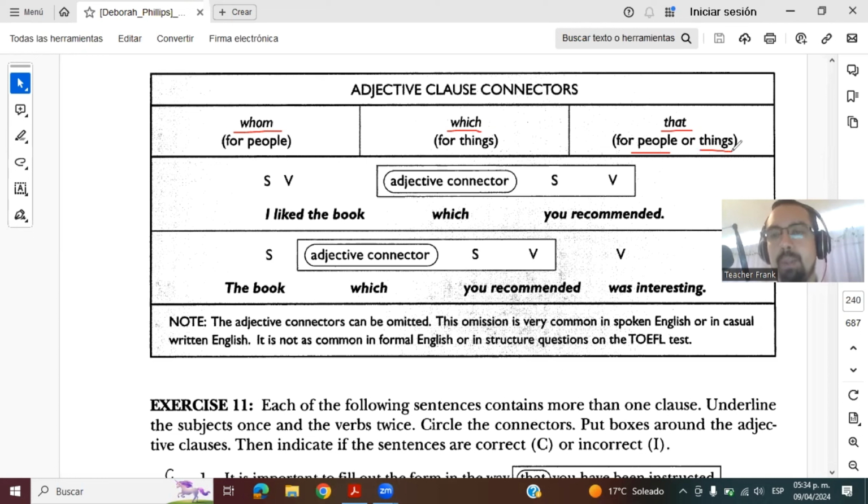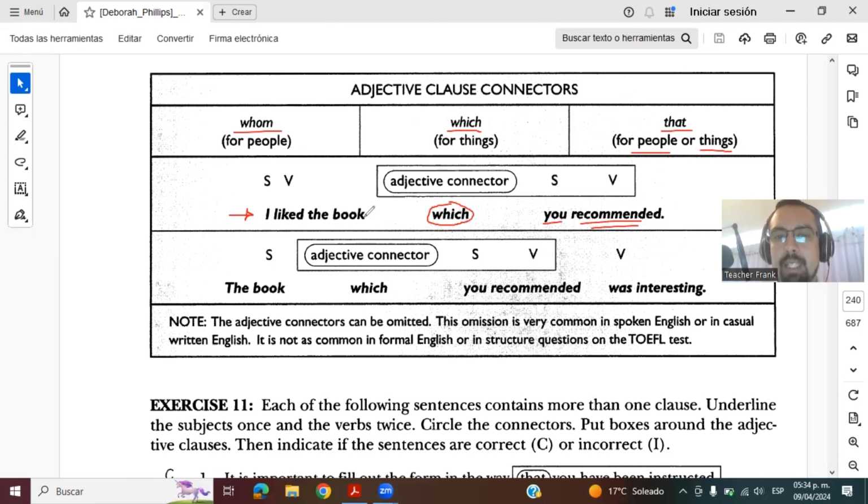So if we're talking about people, it's like my friends that are here. I couldn't say my friends who, well, I could say my friends who are here, but it's also okay to use the plural with "that," right? All right, let's look at the 2 examples. I like the book which you recommended, right? We have here the connector, which, and then we have the subject and the verb, you recommended.